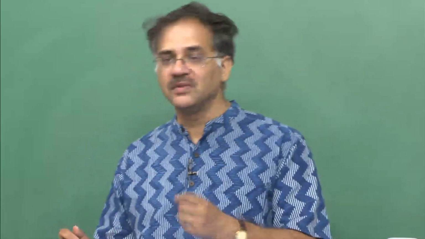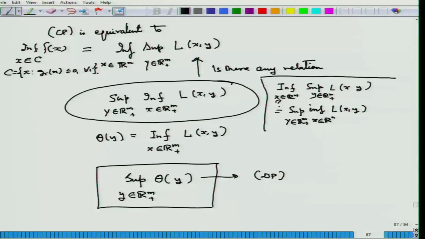I will not give you this question as homework, it is a thing that you need to ponder upon, because this is one of the central facts and a beautiful fact of optimization theory. That is what makes it an elegant subject. Now, let us see what we can do out of this.